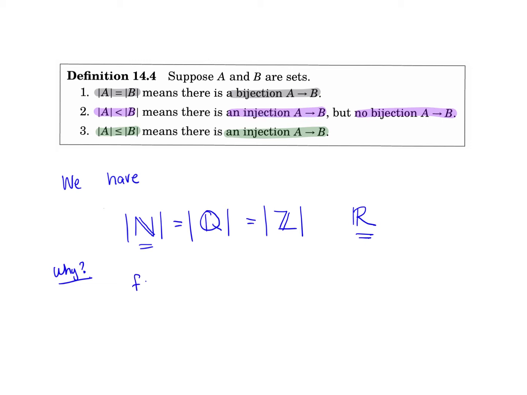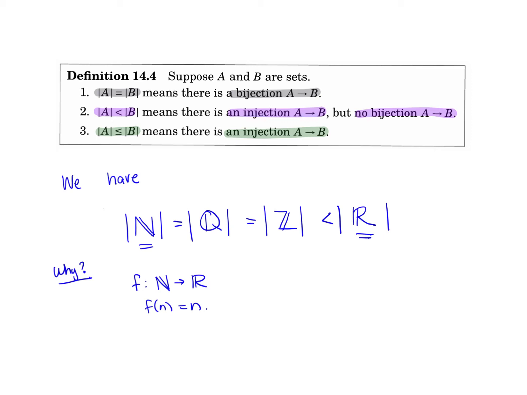I can define a function f from N to R, where f(n) is just equal to n. That's going to be an injection, but not a bijection. And I know there is no bijection, so I know that those cardinalities are all strictly less than the cardinality of R. So these are my two different sizes of infinity. And in fact, I can have more sizes of infinity, as we'll see very soon.